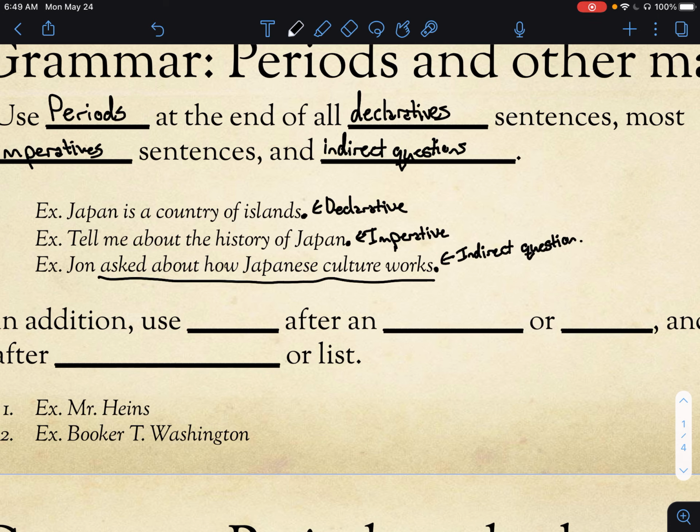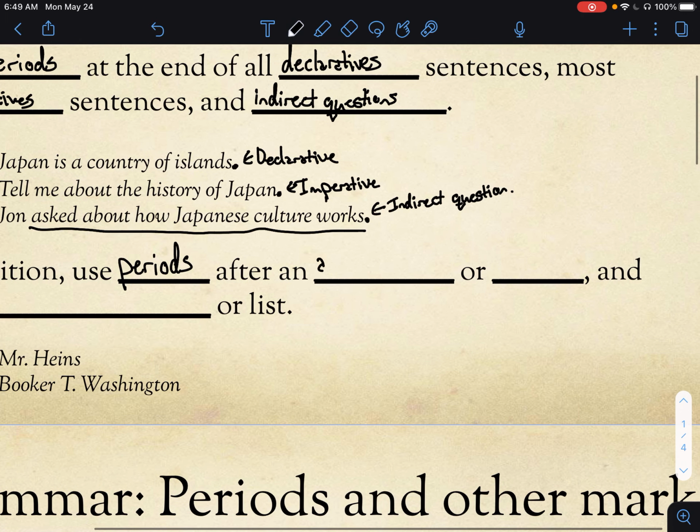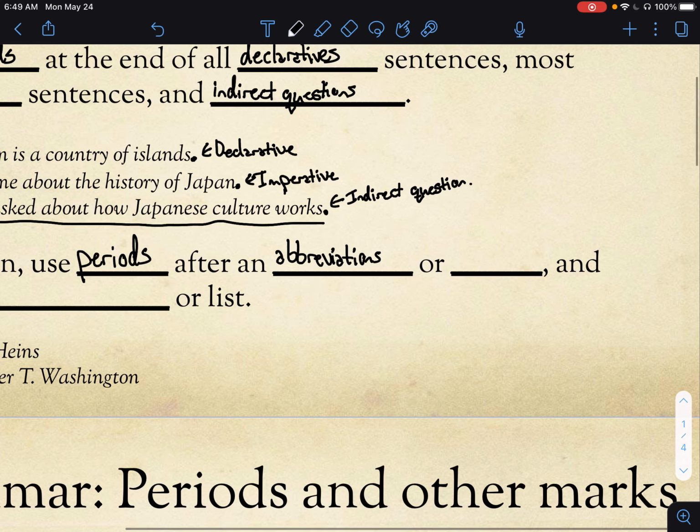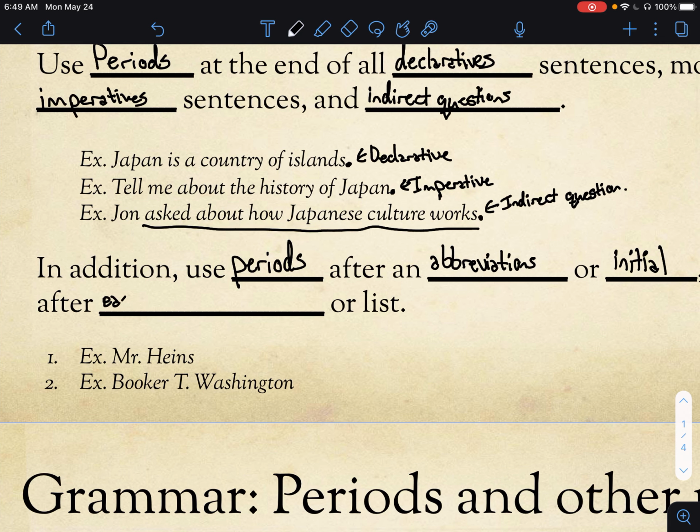We also, in addition to using them after those sentence types, we use periods after abbreviations, initials, or after each number in an outline or list.